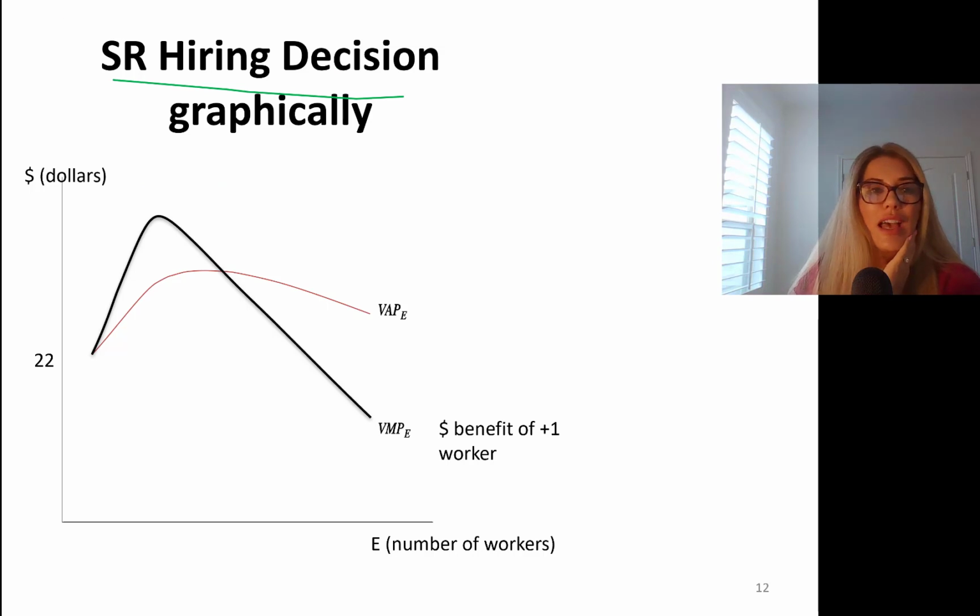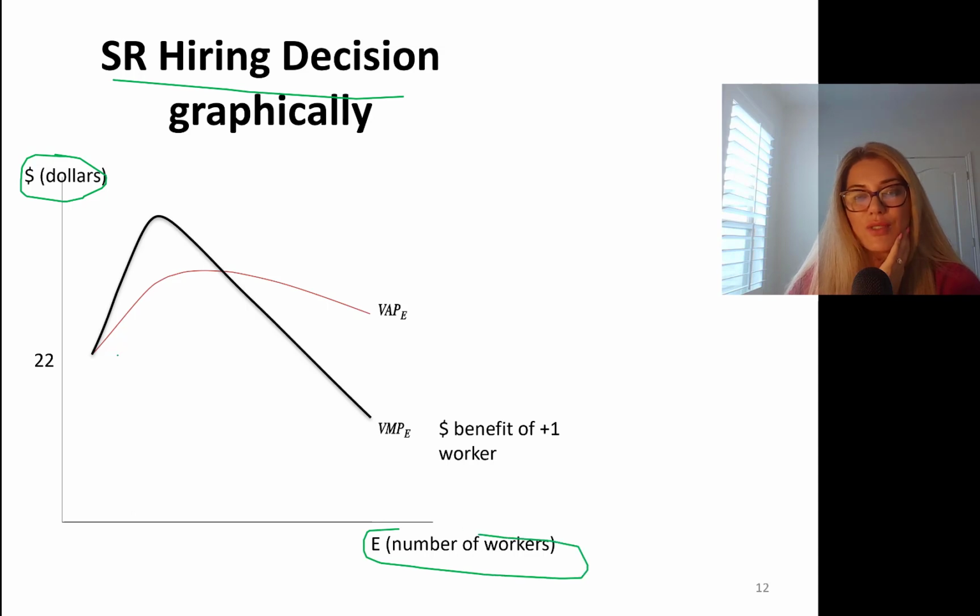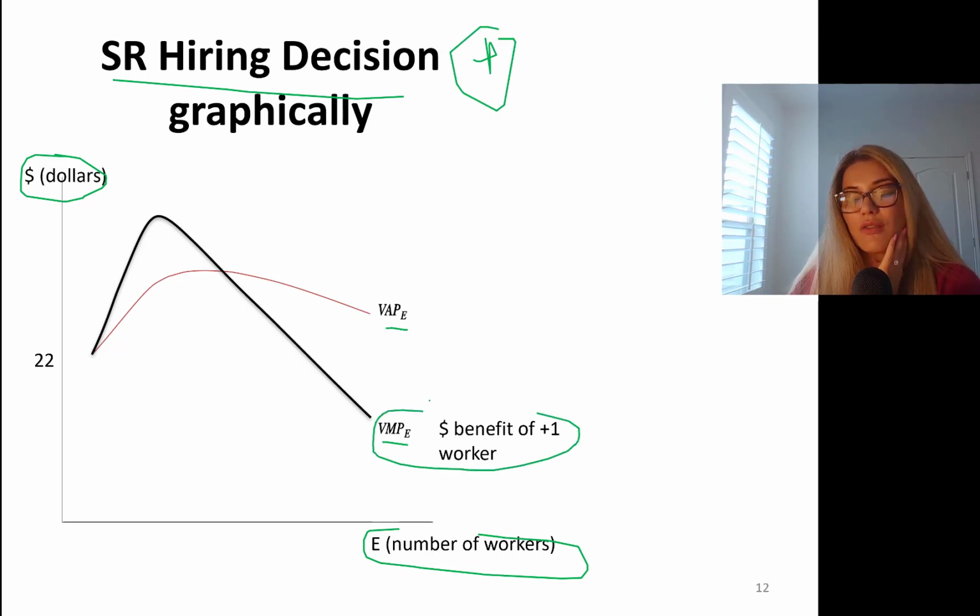So remember, you have dollars here, we have number of workers here. Check this out. This is my value marginal product of employment, value average product of employment. Simply we multiplied marginal product of employment and average product of employment with prices. Okay, so this shows you dollar benefit of hiring one more worker.